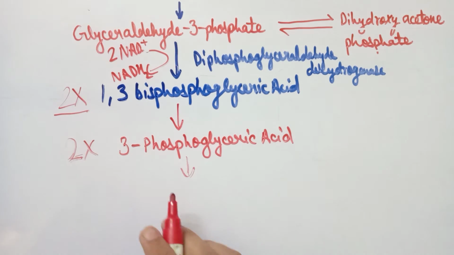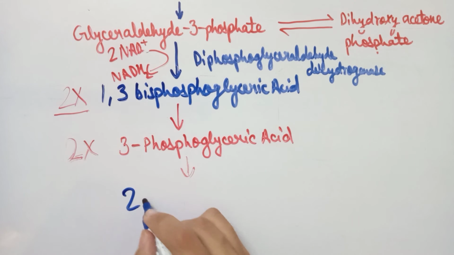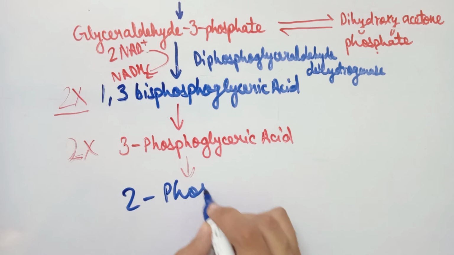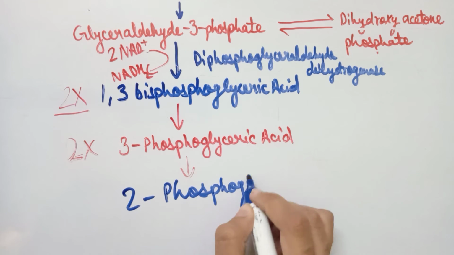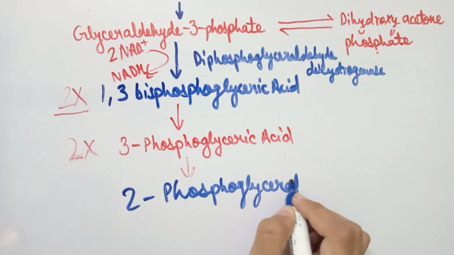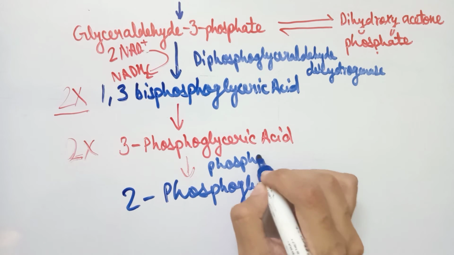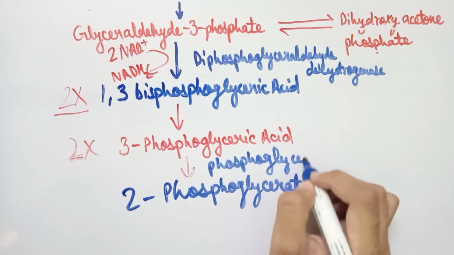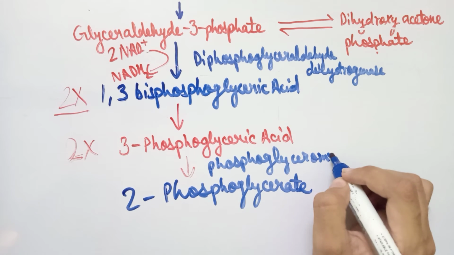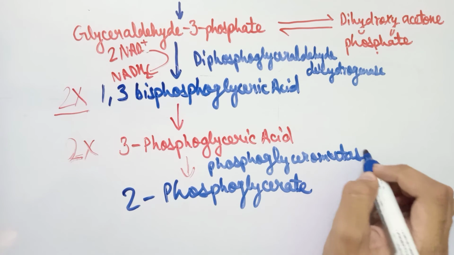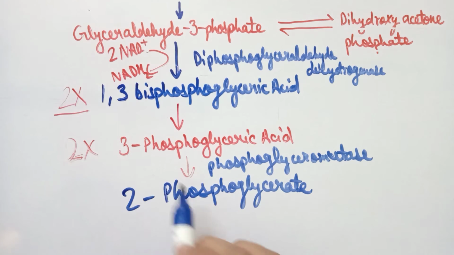And from here, the 3-phosphoglyceric acid will get converted into 2-phosphoglycerate, or 2-phosphoglyceric acid. The enzyme responsible for this is known as phosphoglyceromutase. So phosphoglyceromutase will help in the conversion of 3-phosphoglyceric acid to 2-phosphoglycerate.